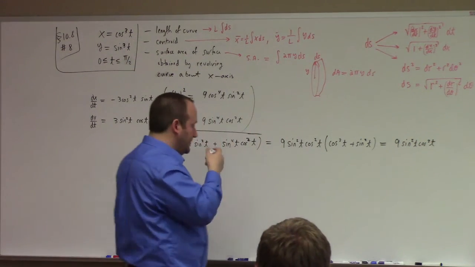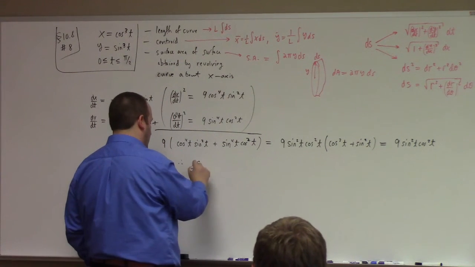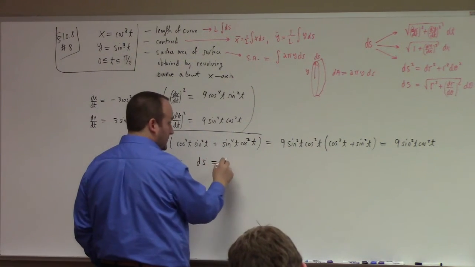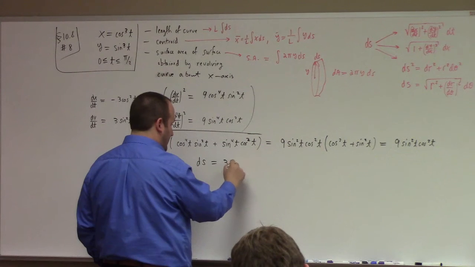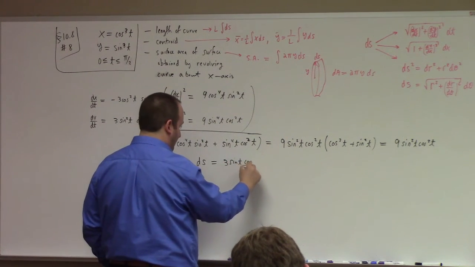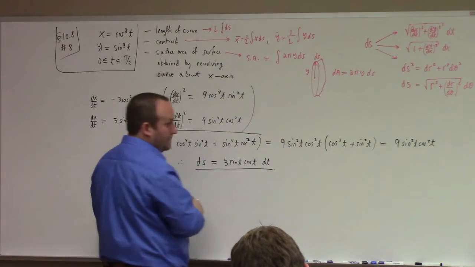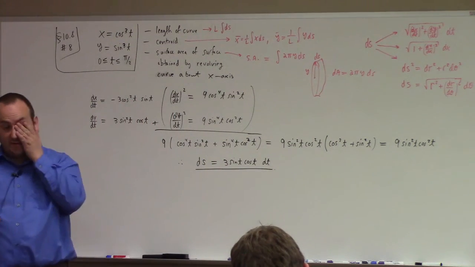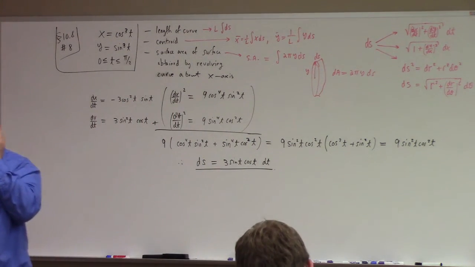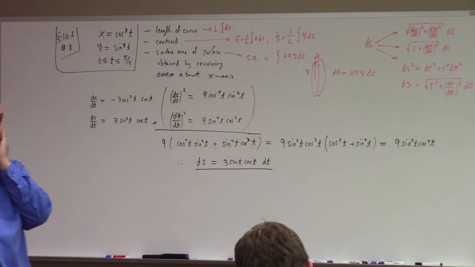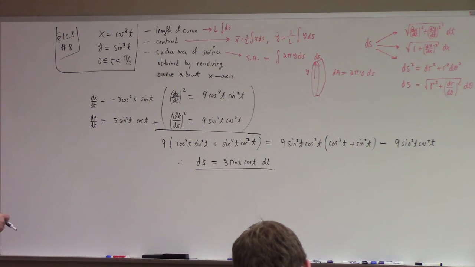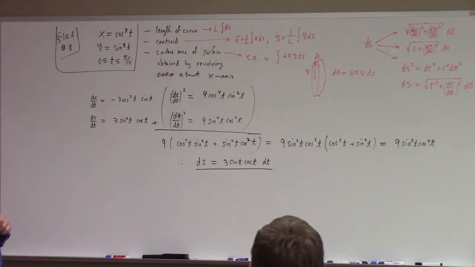And so what do we find? ds is equal to 3 sine t cosine t dt. That's half the battle. Now we just have to integrate that thing various different ways. That's your ds. Now you're like, wait, hold on a second there, mister. You just got done making fun of us for not remembering that the square root of something squared was the absolute value.